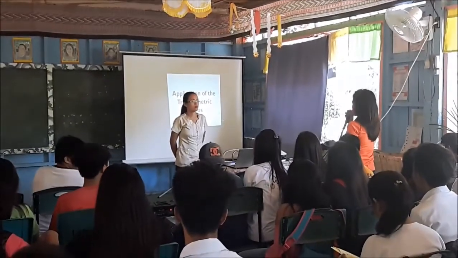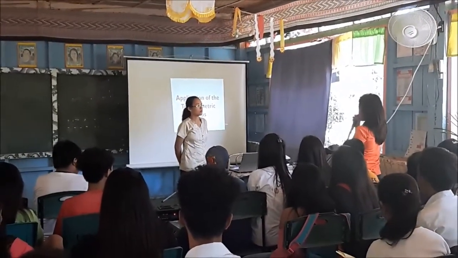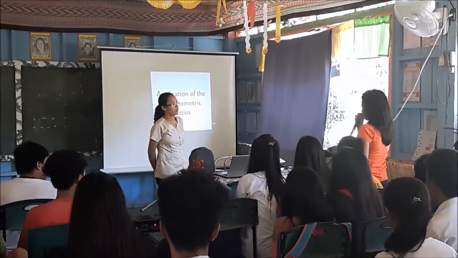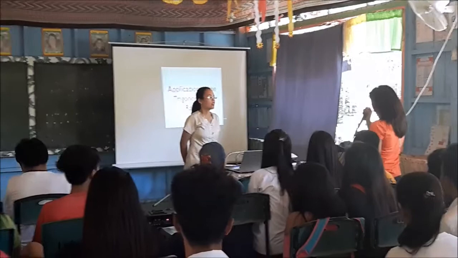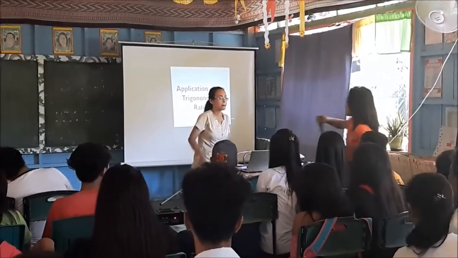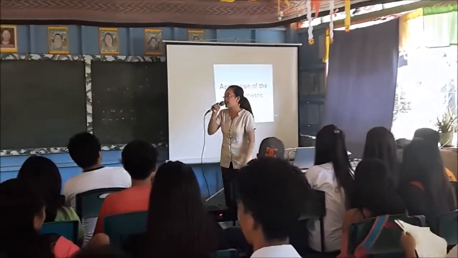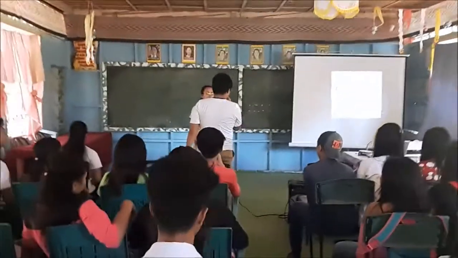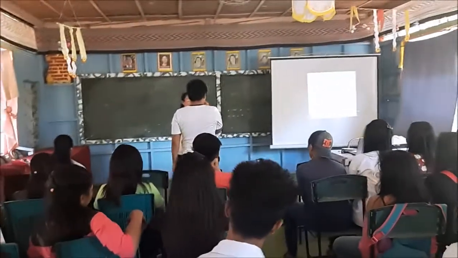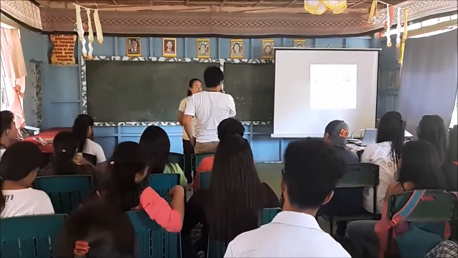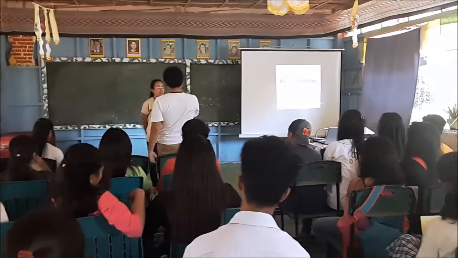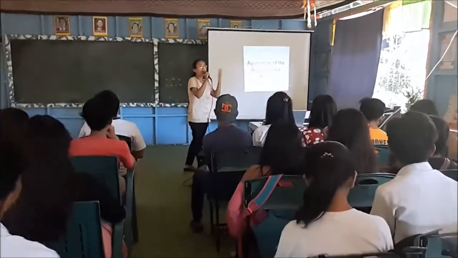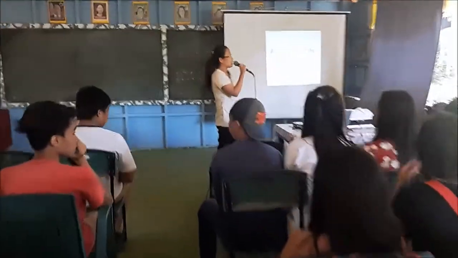For example, we can find the height of a lamppost knowing the distance. Okay, exactly. Another one. Yes, Dia. Another application is that we can solve the height of a building knowing the distance from the observer. Okay, exactly. So it seems that you already know how to apply the 6 trigonometric ratios.